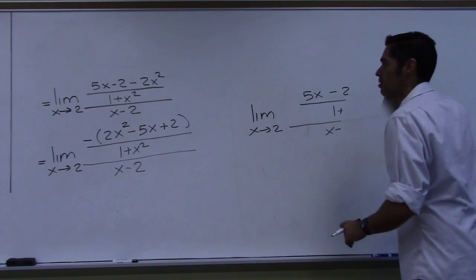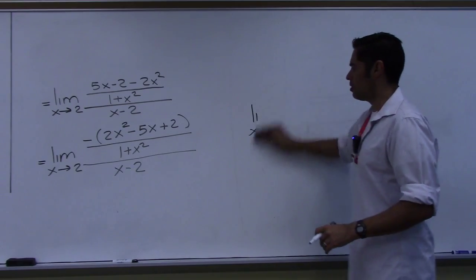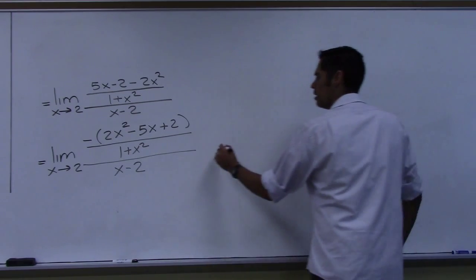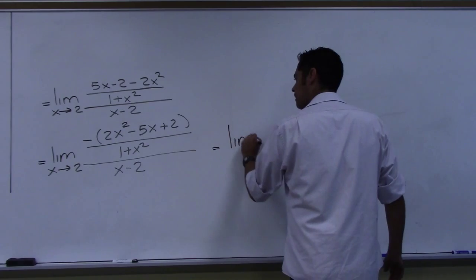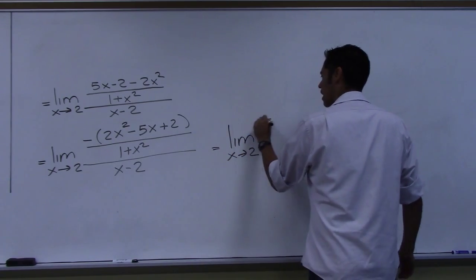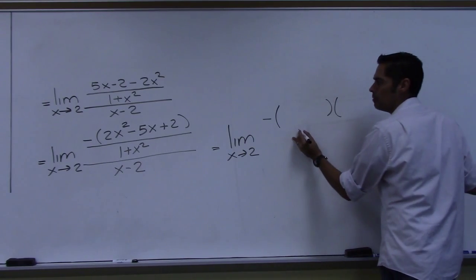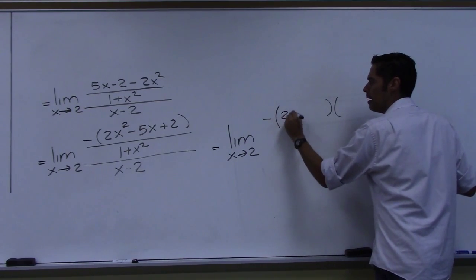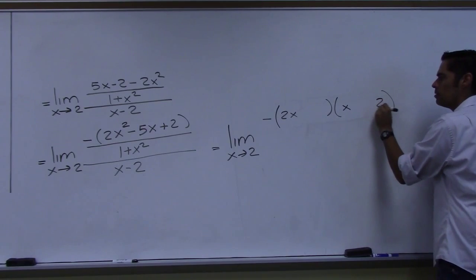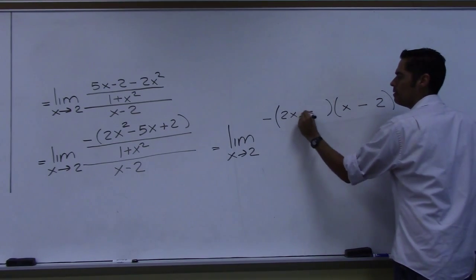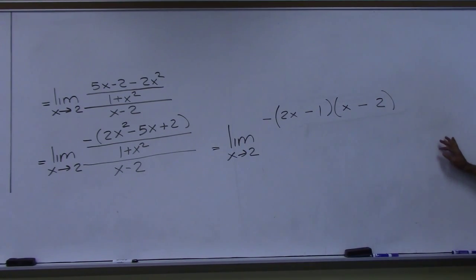Can you factor 2x squared minus 5x plus 2? It should factor to be, let's see, negative out here, and then what two things? 2x minus 1, x minus 2, something like that?